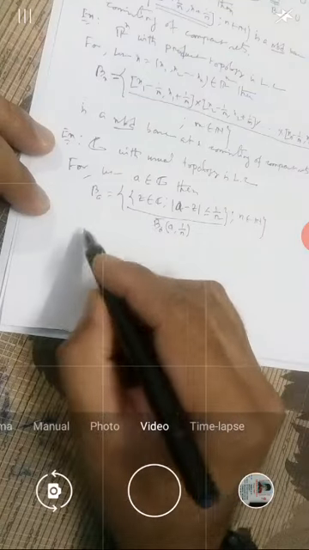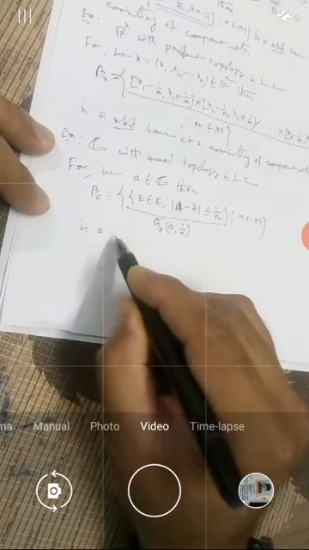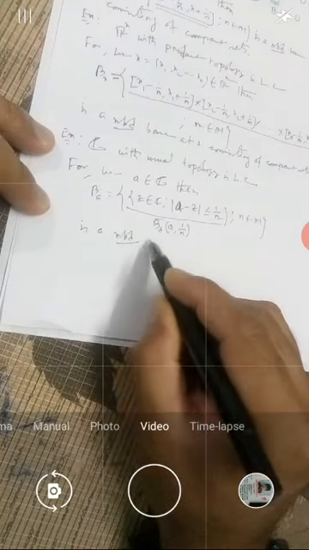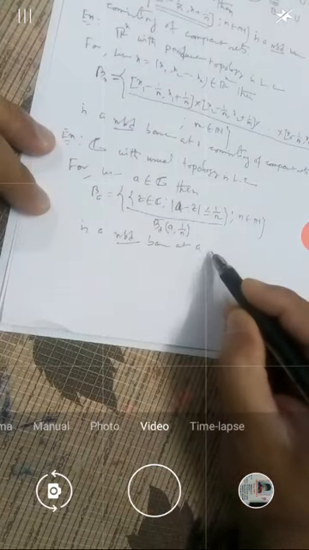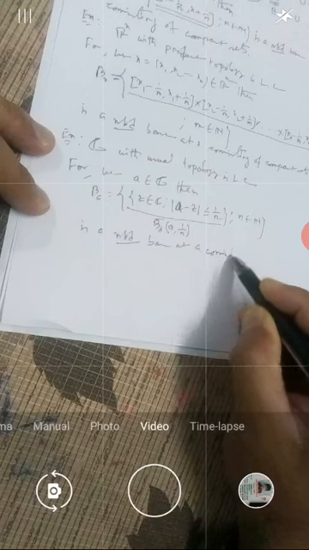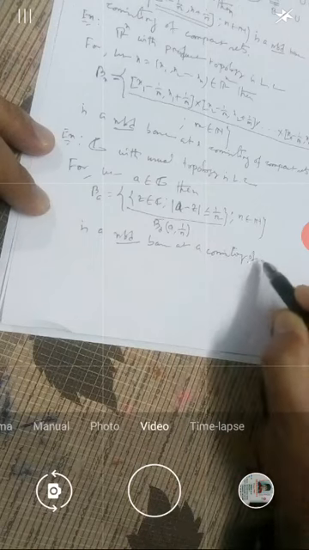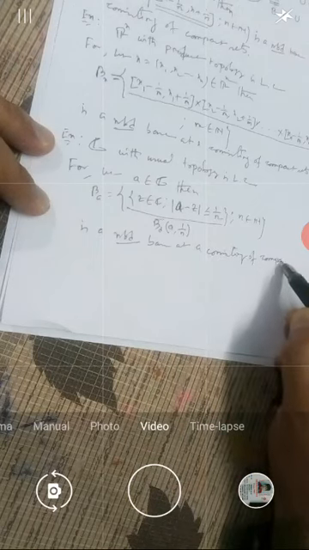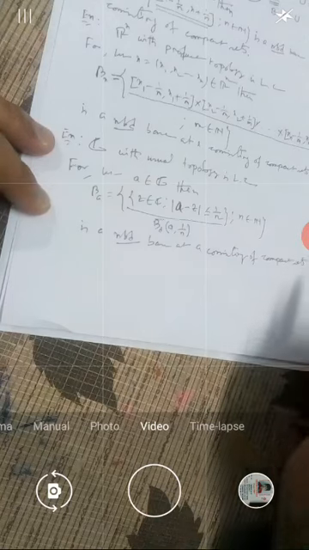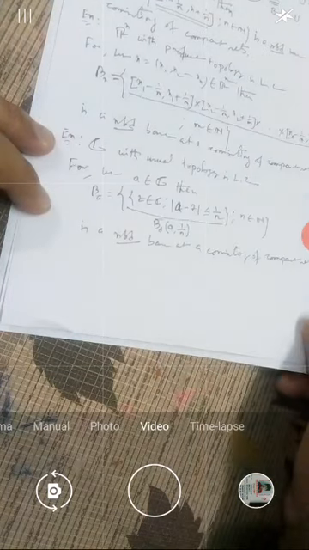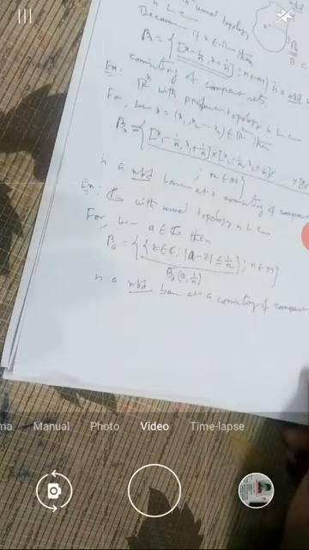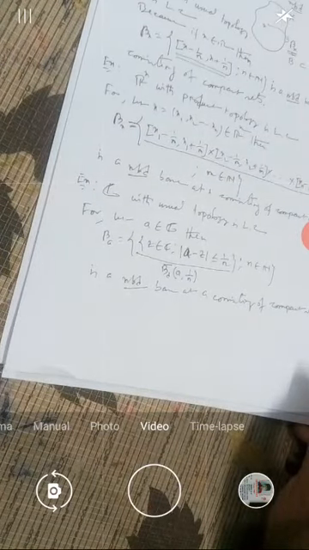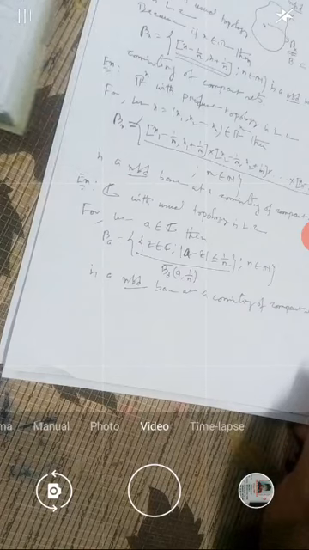So this beta A is a neighborhood base at the point A consisting of compact sets. So R, Rn, C all are locally compact.